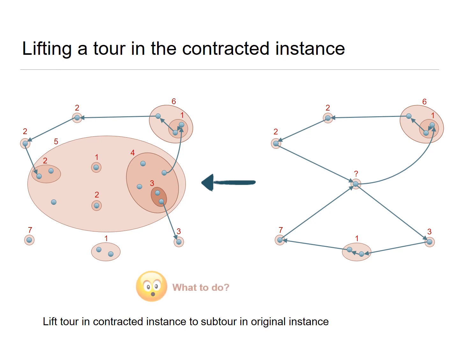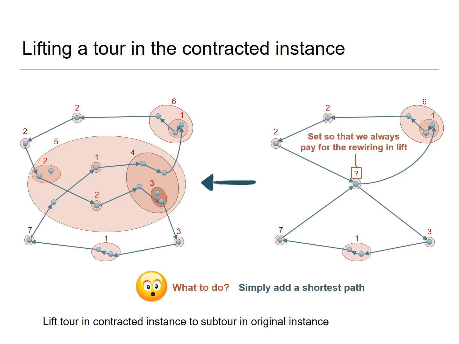So we do the intuitive thing. We just put the shortest path. Now we can continue tracing here. So we trace, and now we have to, again, add the shortest path. Now this is Eulerian. Very good. And this number we set so that we can always pay for this.